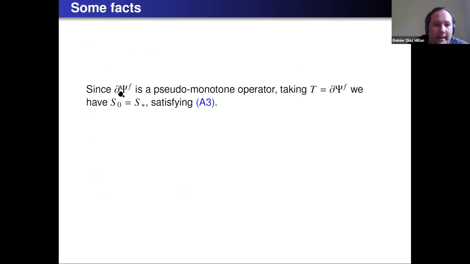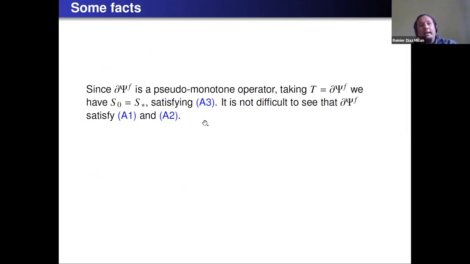Some facts: this operator is pseudo-monotone, so taking T as the Clarke differential of phi of f, we have that the problem S0 is equal to S star, then this operator satisfies A3. It is not difficult to see that it satisfies A1.